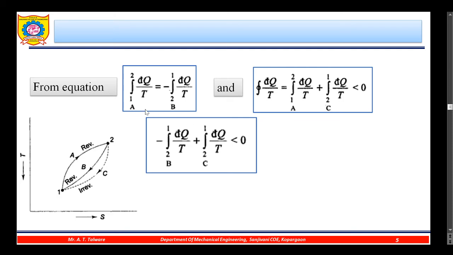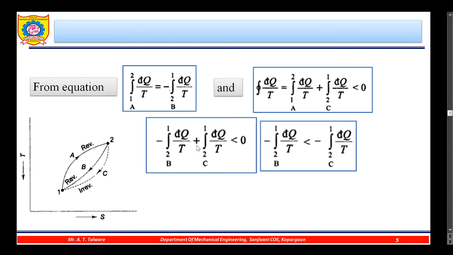What we have done here is replace path A's term by path B, because for paths A and B the delta Q upon T are the same. So in place of it we substitute the integration of delta Q upon T with a negative sign from 2 to 1 for path B, plus the same integration of delta Q upon T for path C, which is less than 0.